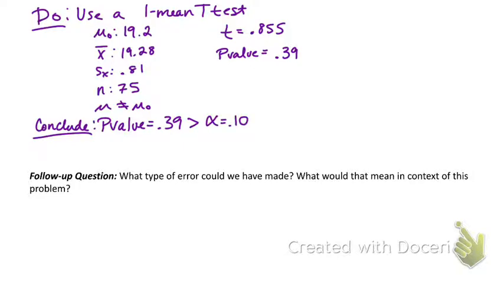And when the p-value is not lower than the alpha, what do we do? We fail to reject the null hypothesis. And if I'm not rejecting the null hypothesis, do I have convincing evidence for the alternative? There is not. There is not convincing evidence.